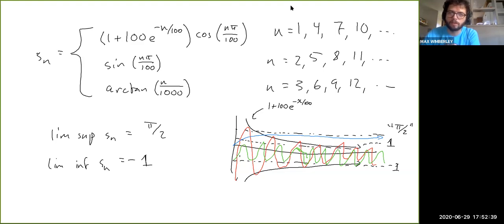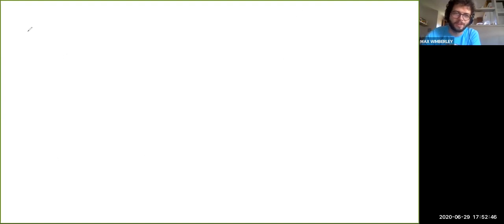Okay, so here's the last one, and this is kind of a tricky one. Hopefully this will be fun. To me, there's something fun about coming up with sequences that have these weird combinations of properties.